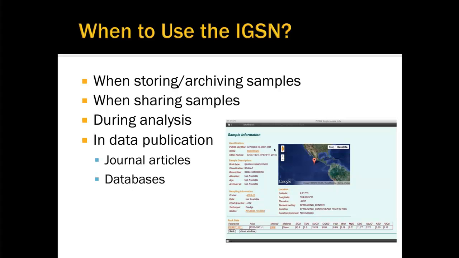I've put an image here in this slide of a sample info page from the PETDB database, that now for the first time has IGSNs in the system, starting to link data via that IGSN.